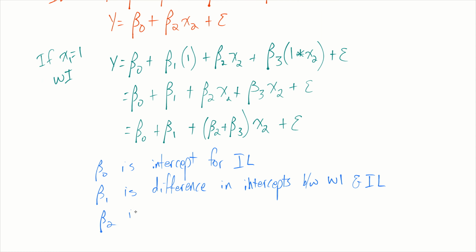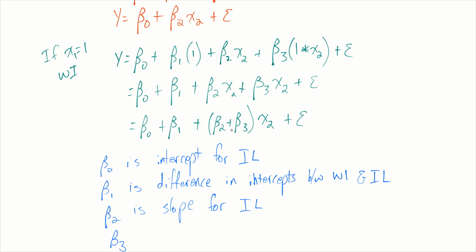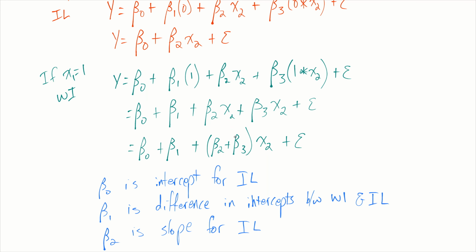Beta 2 is the slope with regards to nitrogen for Illinois. So what would beta 3 be? Beta 3 appears here, right? The slope with regards to nitrogen, our x2, for Wisconsin is beta 2 plus beta 3. And the slope for Illinois is just beta 2.